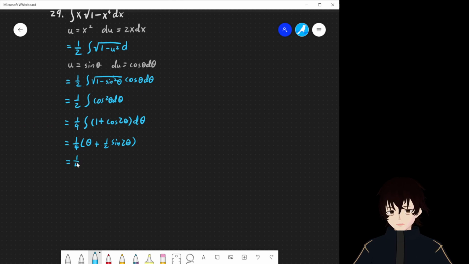Anyways, this is 1/4 times arc sine of u plus 1 half sine of 2 theta. Actually, can we rewrite this? I believe we can do this.